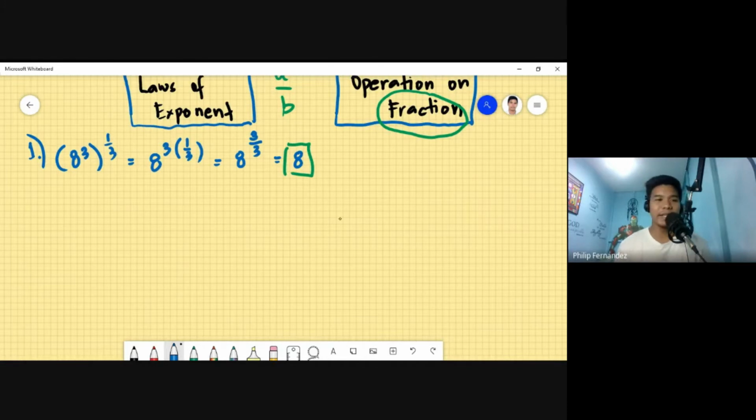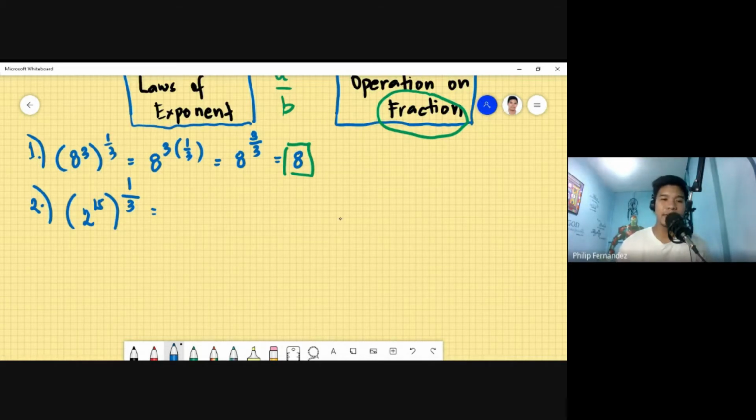By the way, let's have another example. Okay, let's have, for example, 2 to the 15th power raised to 1 over 3. So, what we're going to do is to copy the base. Kung natatandaan nyo dun sa previous discussion, the base here is 2.